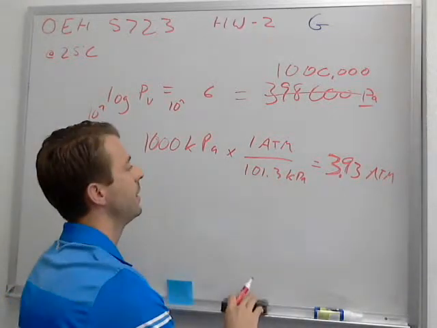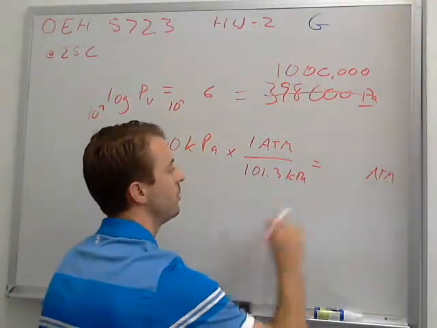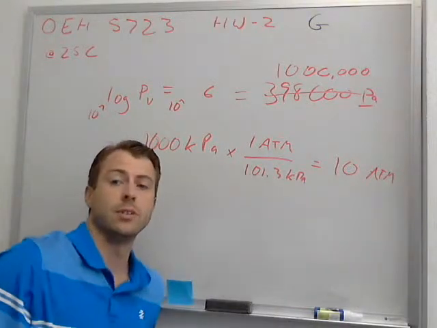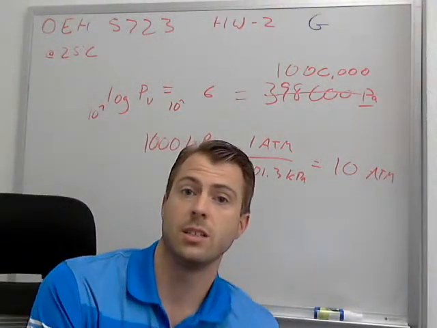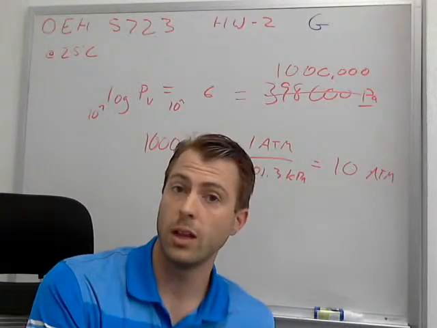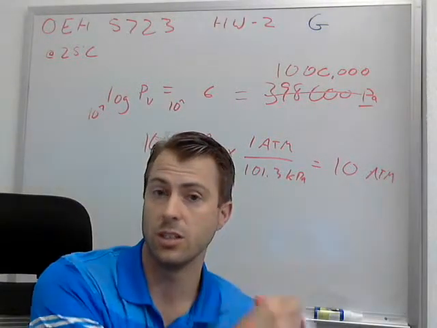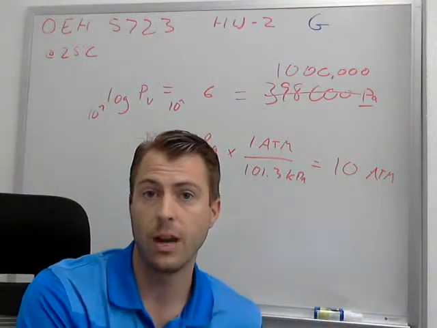Then when we do this math, we would be at roughly 10 atmospheres. If you spent this much energy pressurizing to this point, you'd use a whole lot of energy, but it would have phase transitioned after 4 atmospheres of pressure.